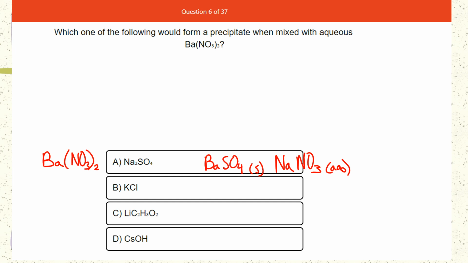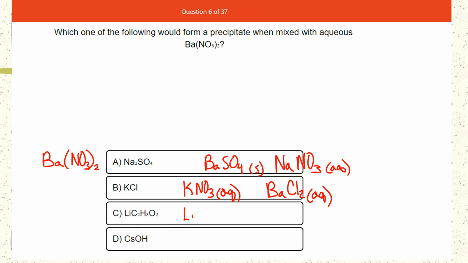Now, that would be our answer. All right. But I want to go through and prove it on the rest of these. So we would have potassium nitrate. That's always aqueous. And then we would have barium chloride, and that should also be aqueous based off of the rule, because barium's not an exception for that. Same thing here.